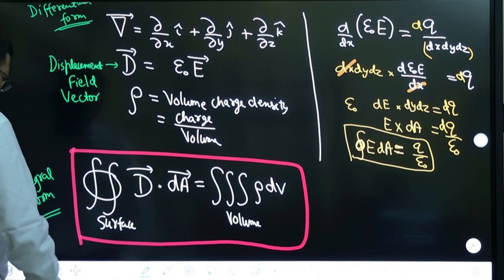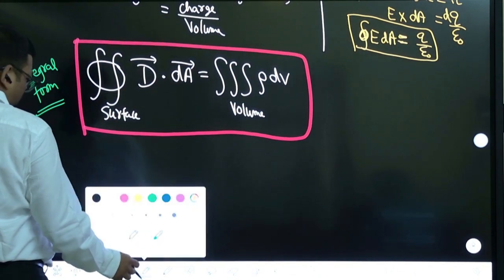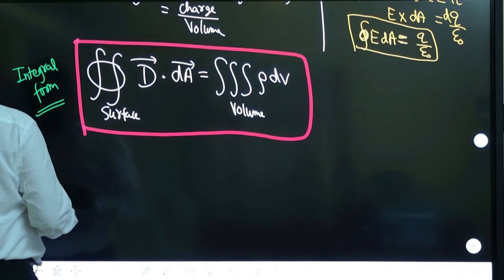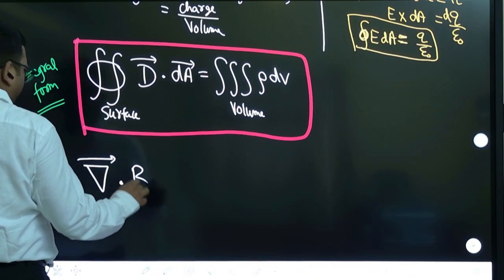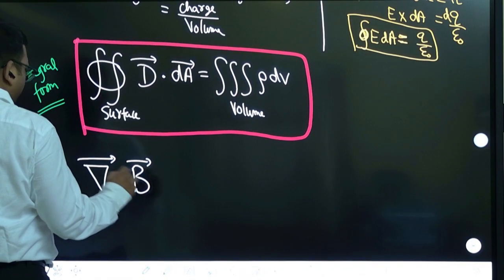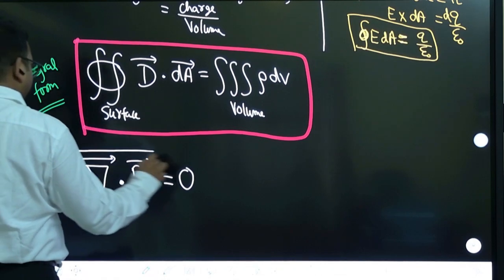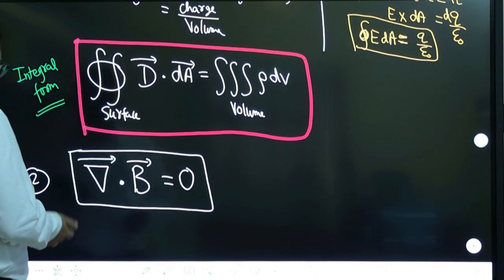Similarly, the second law we will write, Gauss law in magnetism, the second equation: del vector dot B vector is going to be 0. This is Gauss law in magnetism. Del vector, you know about this.